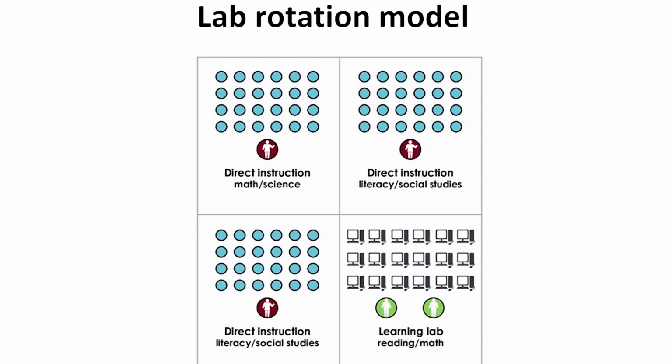Direct instruction, literacy, social studies, and then the last one, learning lab, could be reading and math. Now these 4 squares represented in the 4 quadrants actually defines and clarifies the attributes of lab rotation model.